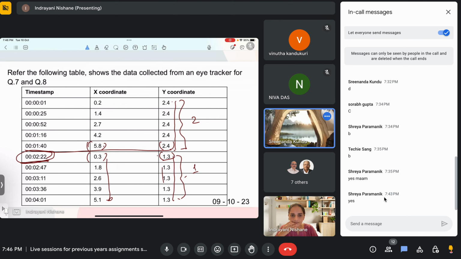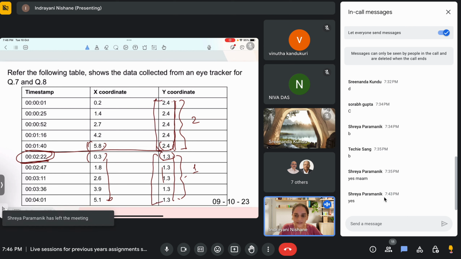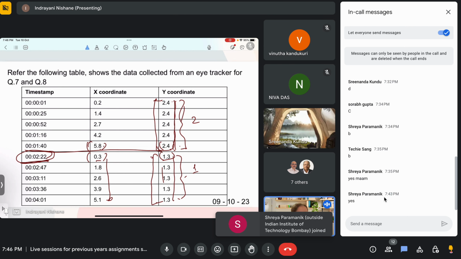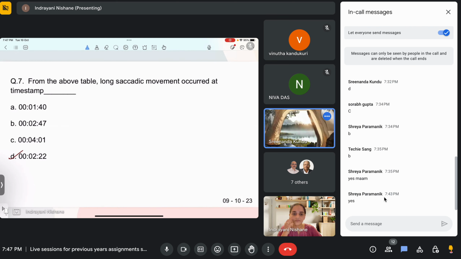Everyone agrees that. I explained why there is this continuous motion: because the coordinate is the same. A saccade will begin when there is a change in both the coordinates, right? So the transition between one saccade and the other saccade is happening at this point. This will be the answer.